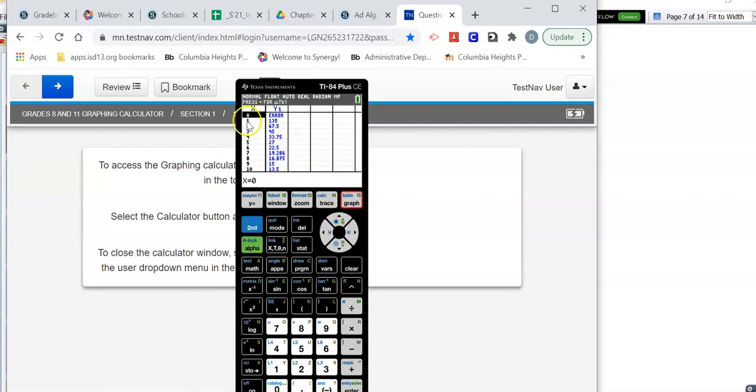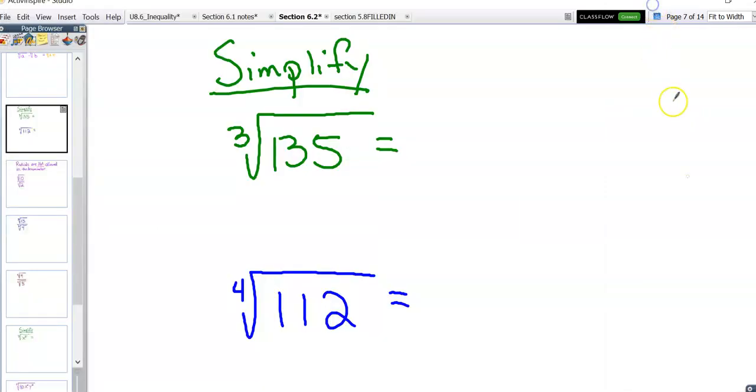But you can scroll and see that 1 times 135 makes 135. 3 times 45 is another pair that works. And then keep scrolling down until you see a factor pair that works, and it has a perfect cube. So for us, I see 5 and I see 27. The cube root of 27 is 3, so that's the pair that we want to use.